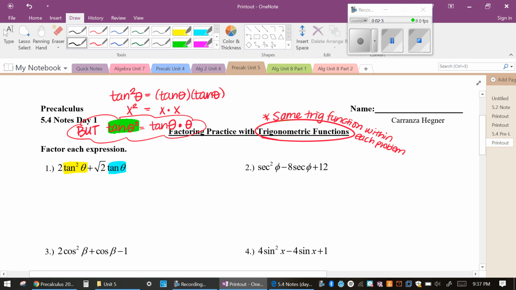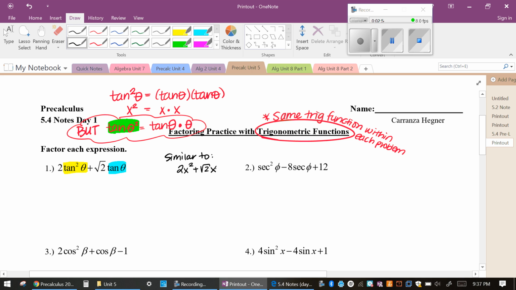Okay, so we have a quadratic term and a linear term. One has a coefficient of 2, the other one has a coefficient of root 2. We did problems like this in the algebra pre-lesson. So this is similar to having 2x squared plus root 2x.